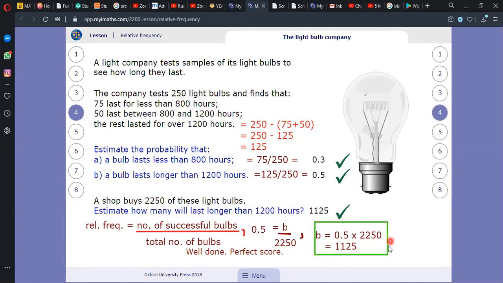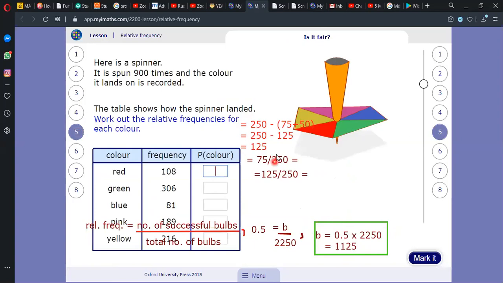So that means we can create a formula anytime they ask us for the expected number, or to estimate the number of successes in our experiment. So please take note of that, guys. We're going to see what's going to happen later.